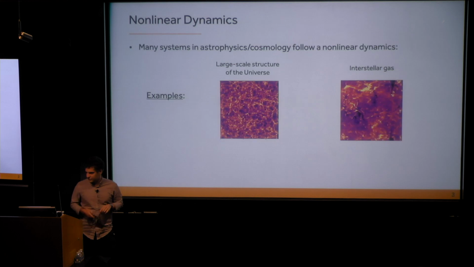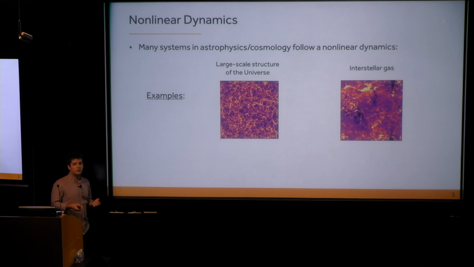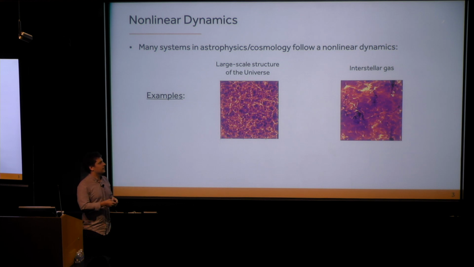In astrophysics and cosmology, we often face systems that follow very nonlinear dynamics. I give here two very different examples. One system is the large-scale structure of the universe, the kind of structure you can see at scales beyond the typical scale of a galaxy or a cluster of galaxies.